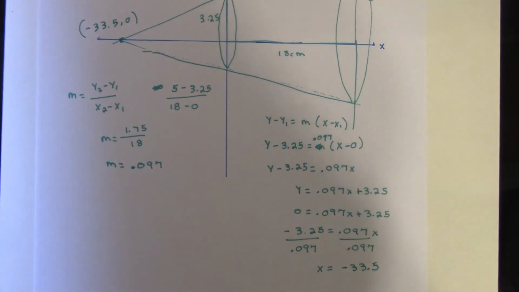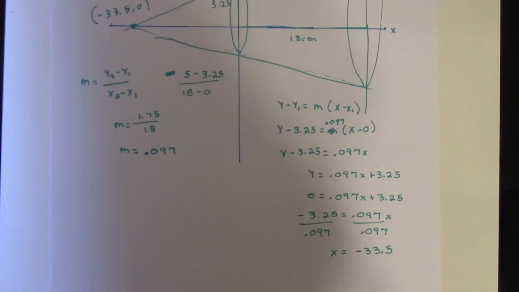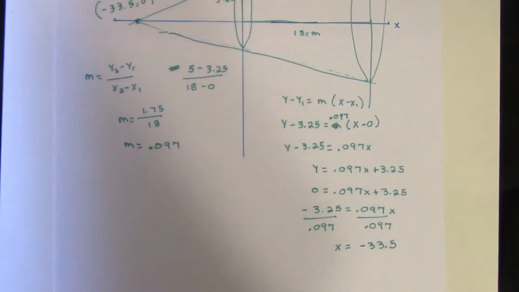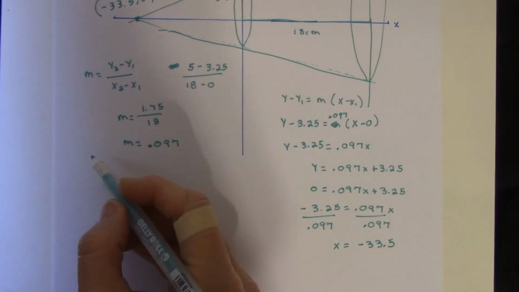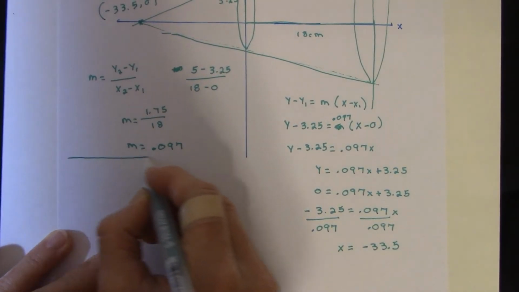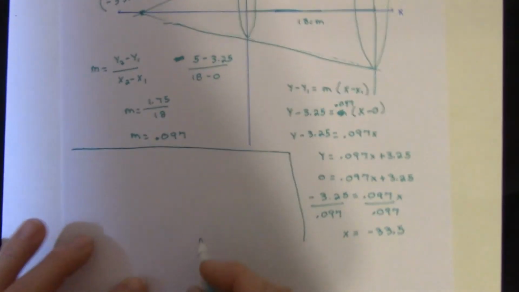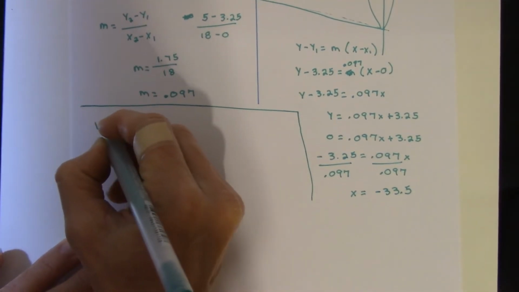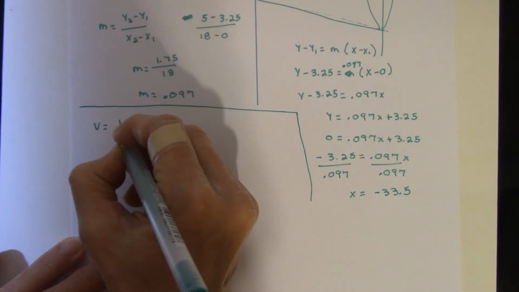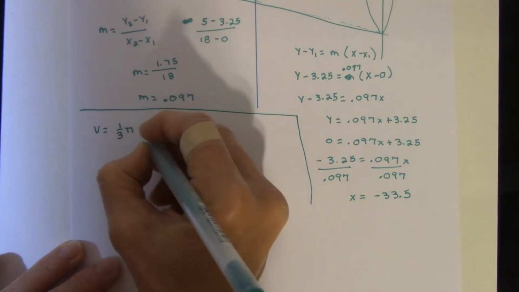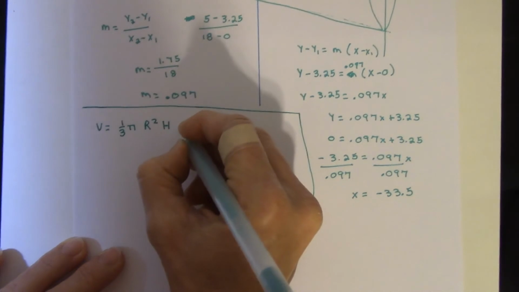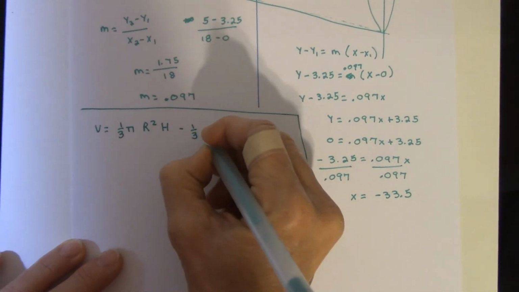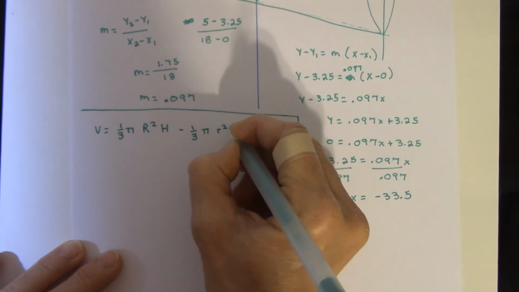Using that, now I can go ahead and calculate the volume. The volume equals 1/3 pi, the large R squared times large H, minus 1/3 pi little r squared little h, the top.